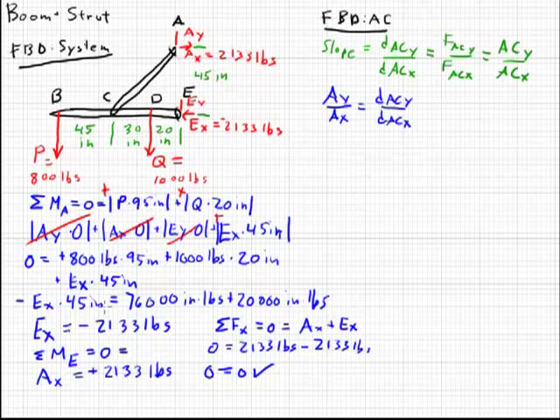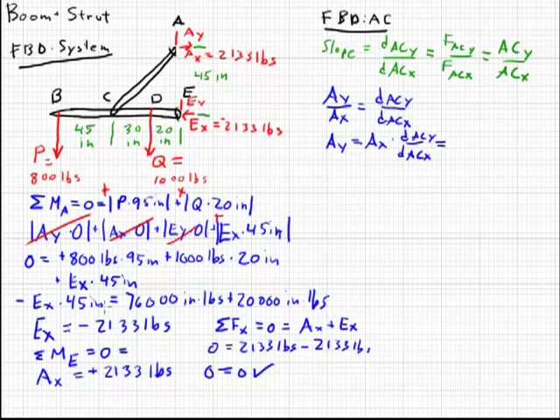So rearranging this equation to solve for AY, AY equals AX times the distance of AC in the y over the distance of AC in the x. Make sure we keep our minus sign straight. This strut has positive slopes, so both of them are positive or both are negative, and we'll end up canceling the two negatives out.